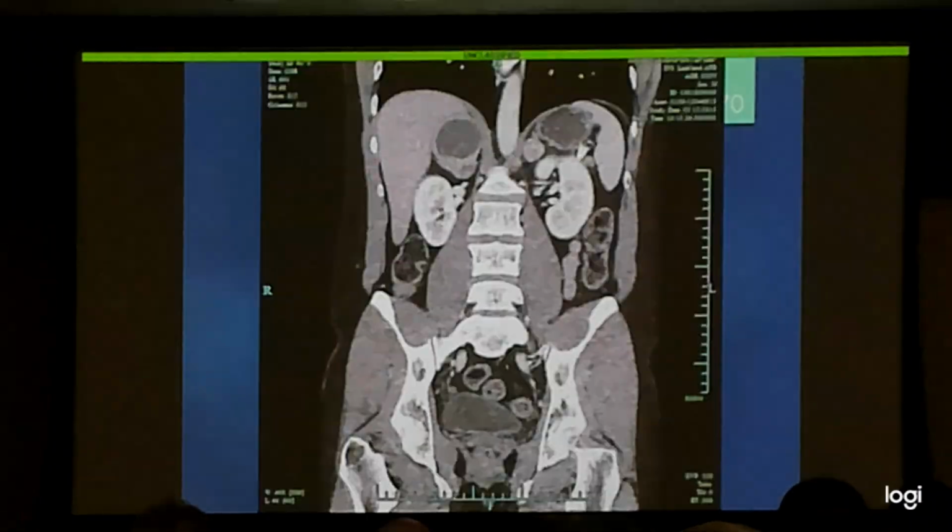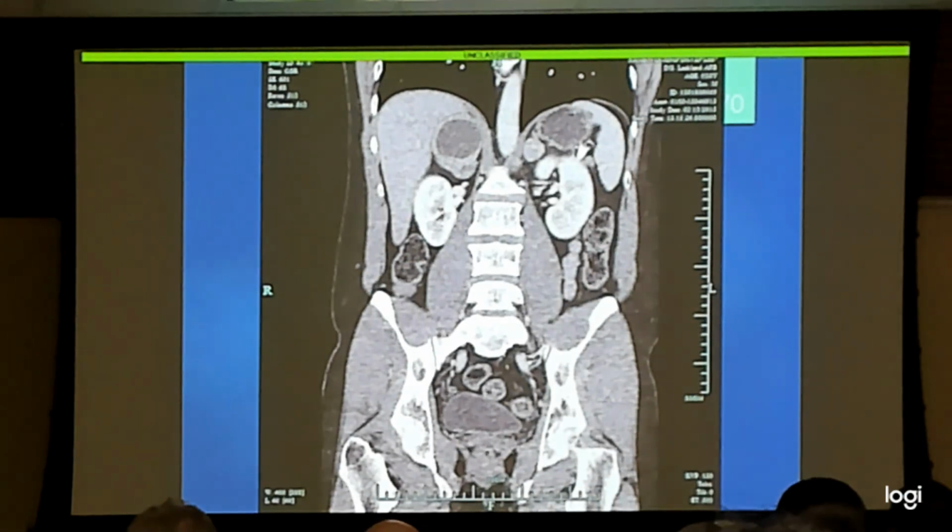But these are his images. Notice anything wrong? I don't think you guys can see my mouse. Can you see my mouse?